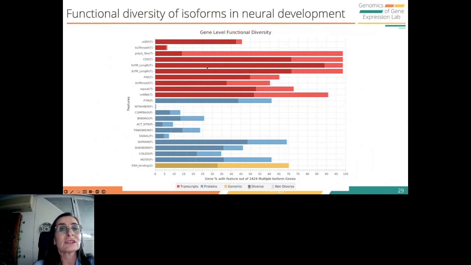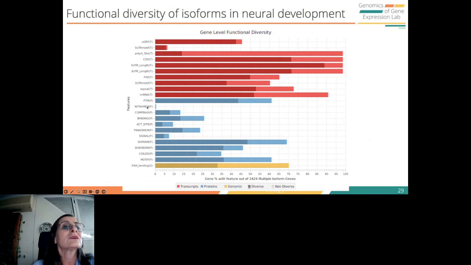the functional diversity. So basically it's asking the question: is the annotation load of the different isoforms of the same gene actually different, so that we can ask questions about that? Here, each of these bars represents the number of genes having multiple isoforms that have been annotated in a particular database.